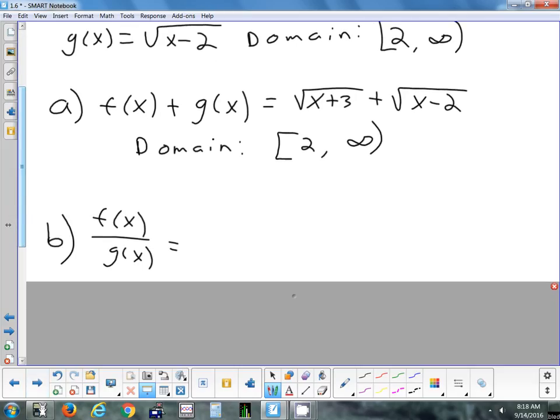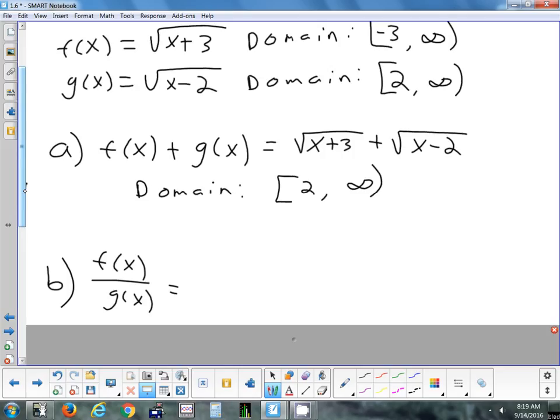All right, now f of x divided by g of x. Quinn, what would that look like? Just as a formula. Square root of x plus 3 over square root of x minus 2. Yep. Now, we could clean that up a little bit if they wanted the square root out of the denominator.